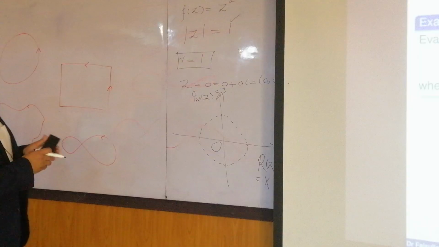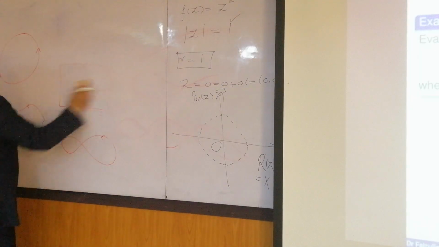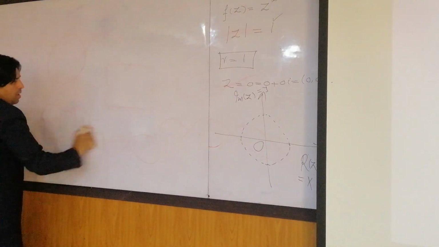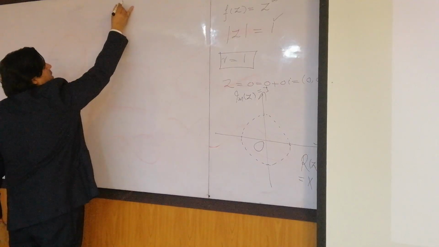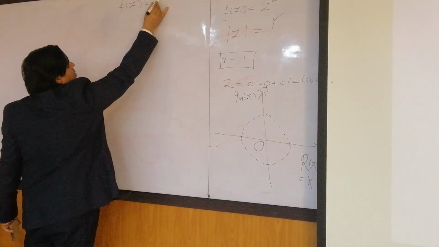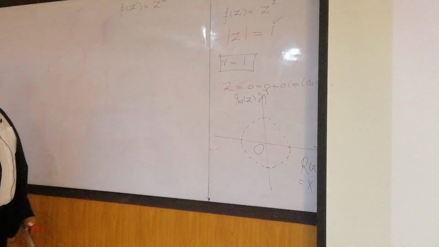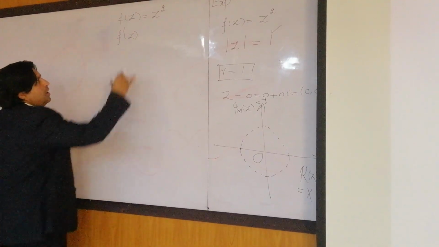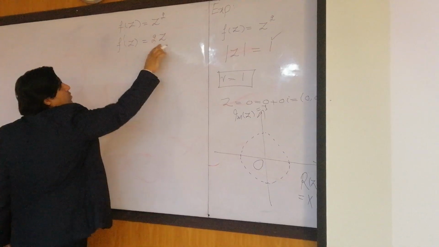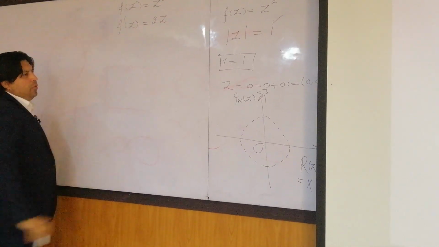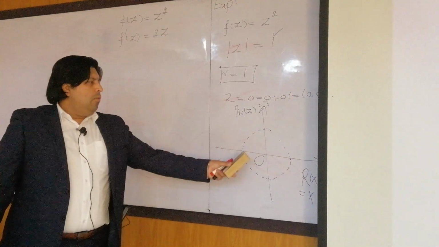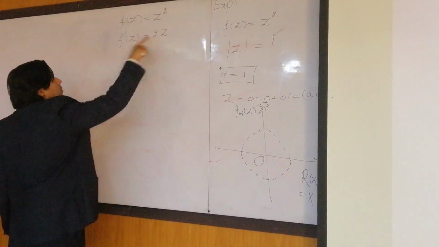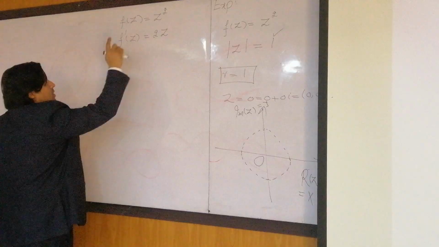So now we have to show that the function f of z is analytic inside this simple closed curve. Now to show if it is analytic, we have to differentiate the given function. So if we differentiate the given function, we get that f dash of z is equal to 2z. Now if I put any point which is inside or on this closed curve, we can see that f dash of z exists, or it is defined.